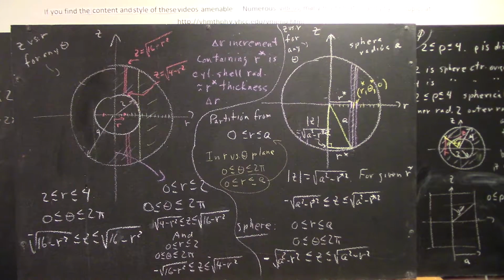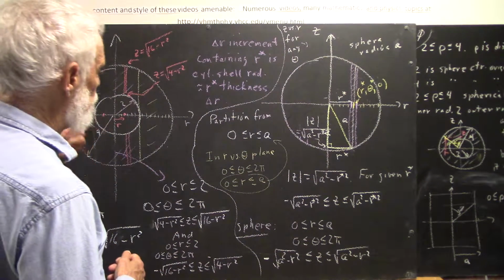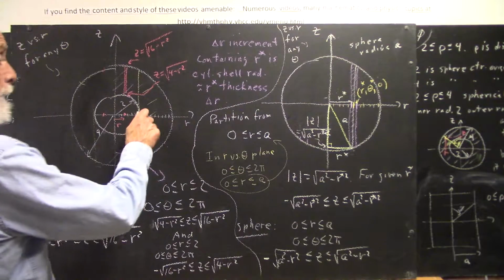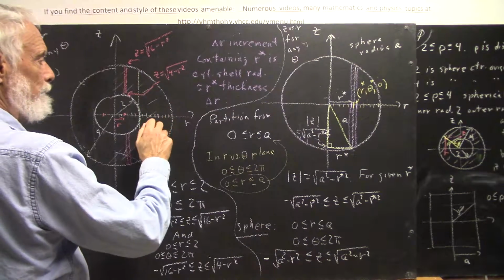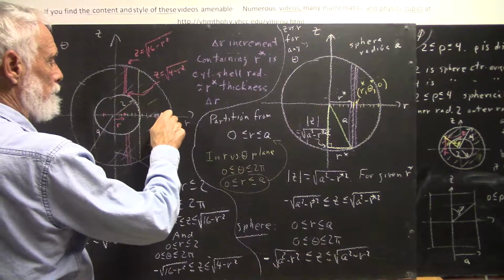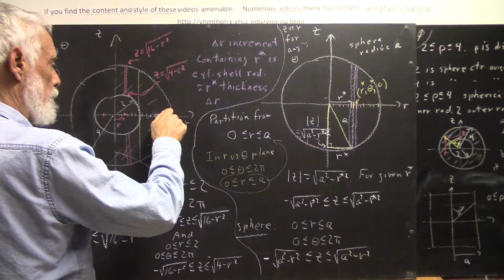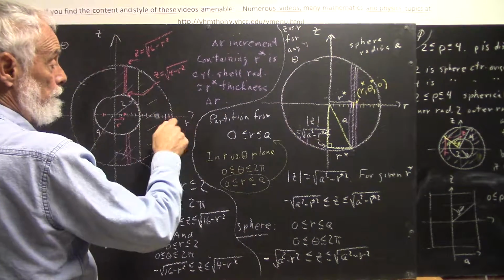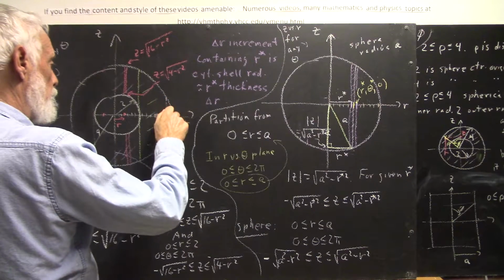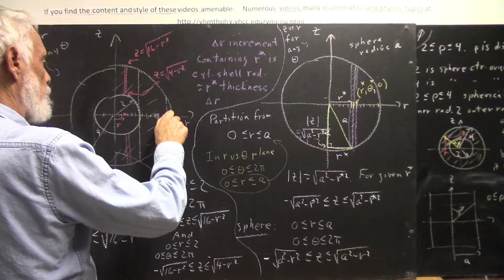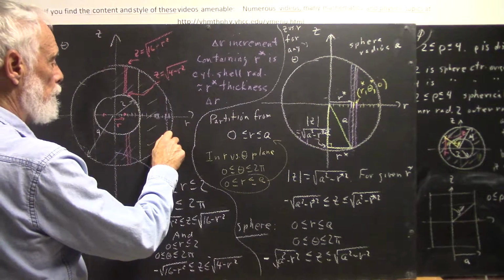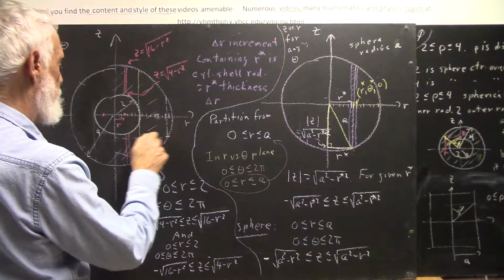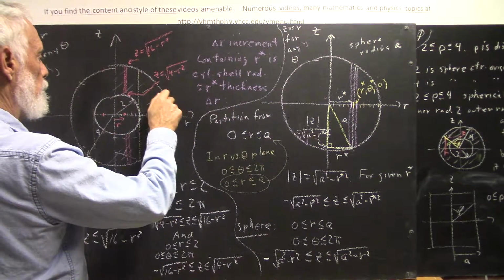Well, actually there are two answers here, because we really have to break this description into two regions. If we're between here and here, then in a typical partition, and let me use a little different partition because I'm going to interfere with something I had up here, if this is our partition, and we have some r star within the partition and draw the vertical segment through that value of r star, we see that z goes from whatever this value is to whatever this value is over here.